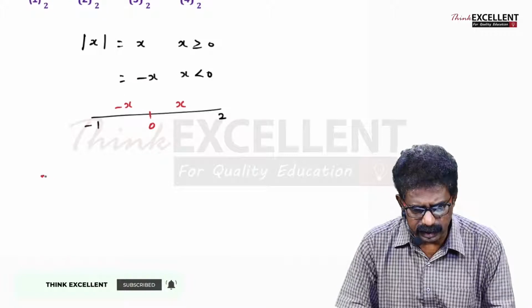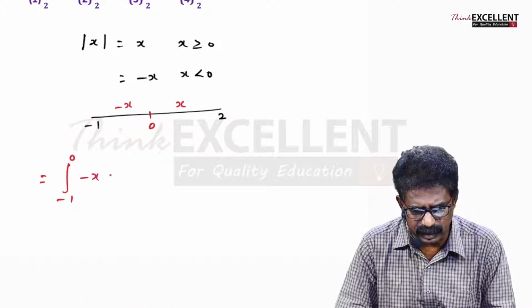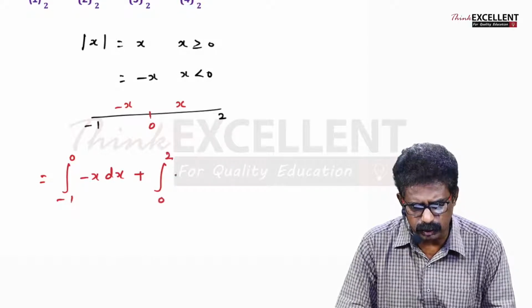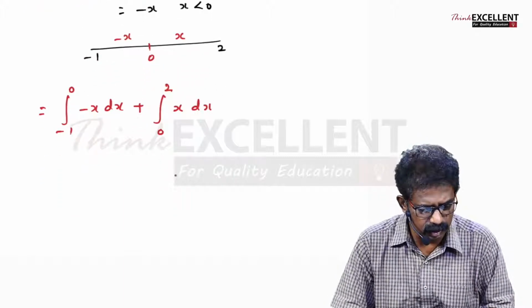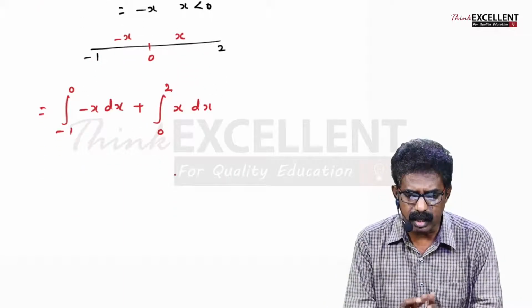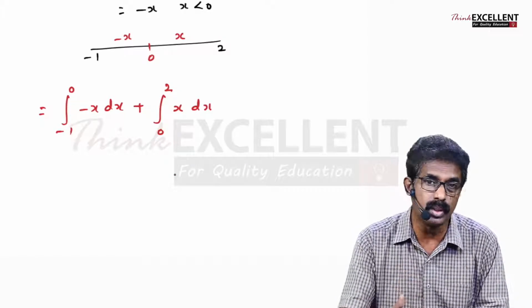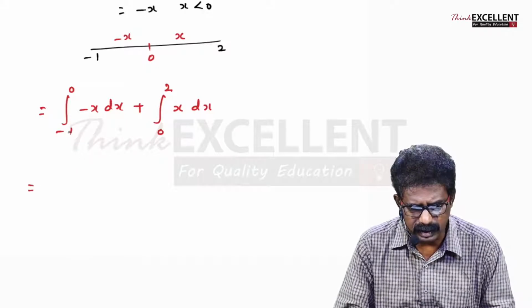You can write it as integral minus 1 to 0 of minus x dx plus integral 0 to 2 of x dx. Very simple integration. That minus sign, you can take it outside, or adjust it with the limit. Instead of minus 1 to 0, you write 0 to minus 1. So I am adjusting the minus with the limit.